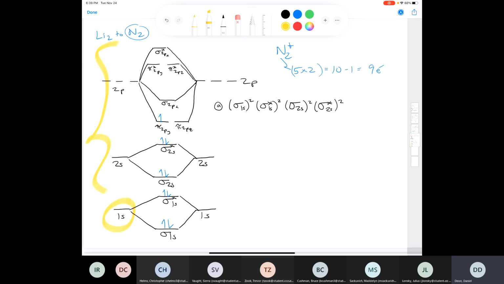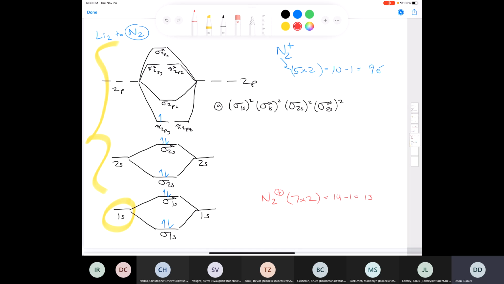Because if I include the 1s, let me show you how it would work out. If I include the 1s for N2 plus, nitrogen has a total of 7 electrons. 7 times 2 gives me 14, and then I subtract 1 for the +1 charge. That would give me 13.